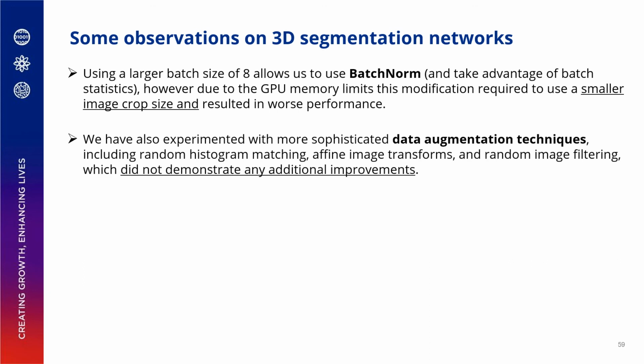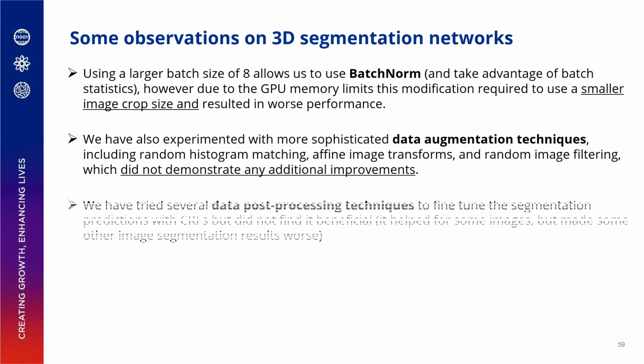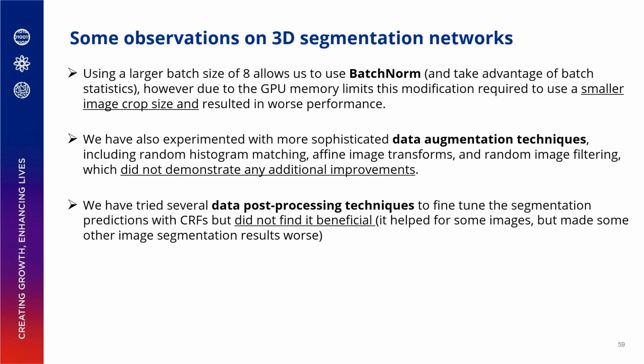We also experimented with sophisticated data augmentation techniques, and as I mentioned, some of them just do not provide additional improvements, and in fact may even lead to reduction in the final dice score. We also tried some other papers which talked about using conditional random fields, right?